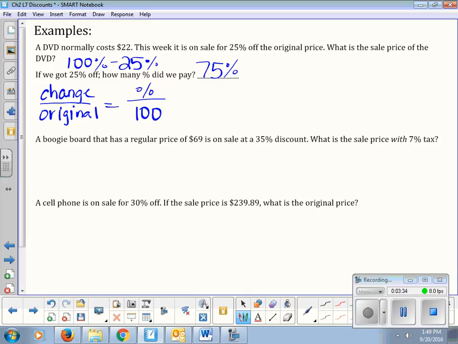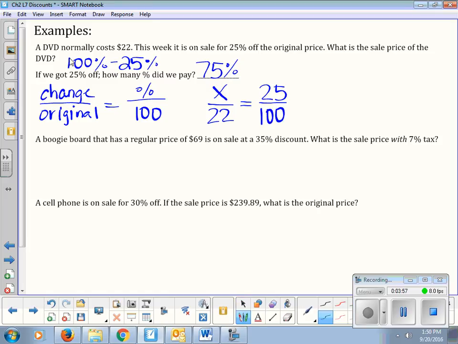Do we know how much changed? No, so that's where our x is going to go. We don't know this value, so we fill that in with x. What was the original price? $22. And what percent are we saving? 25, and this goes over 100.